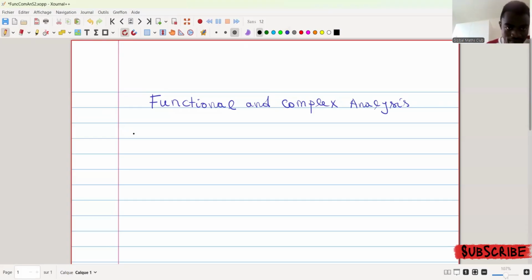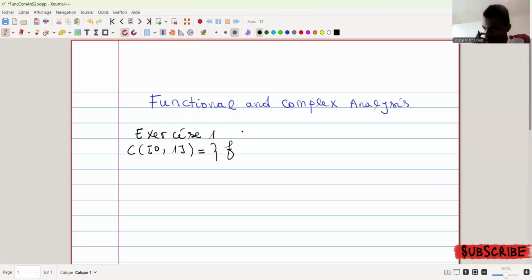So exercise 1. We have the space C^0([0,1]), which is the space of continuous functions from [0,1] to R. This is the meaning of this.